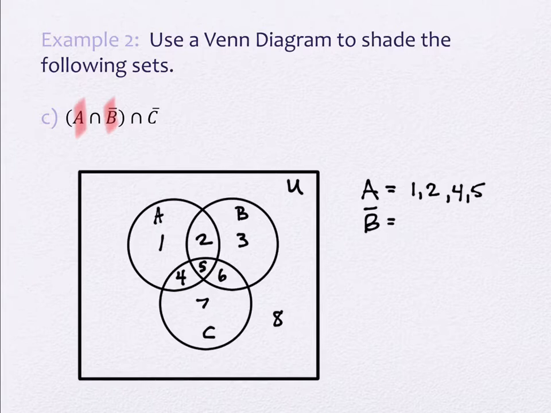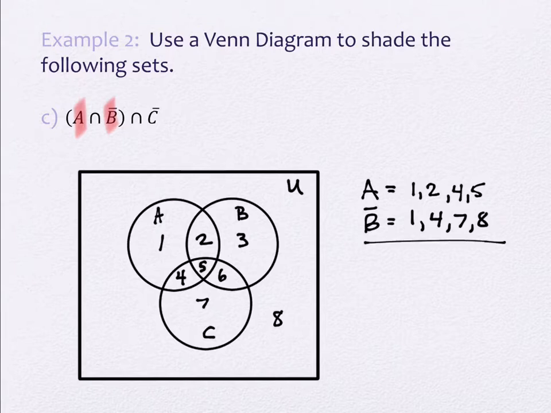Everything except 3. Not quite. 4, 7, 8. Yeah, so remember B complement means all the numbers that are not in B. So the numbers that are in B include 3, like you mentioned, but it also includes 2, 5, and 6, because they're still inside circle B. Okay, so we're getting 1, 4, 7, and 8.